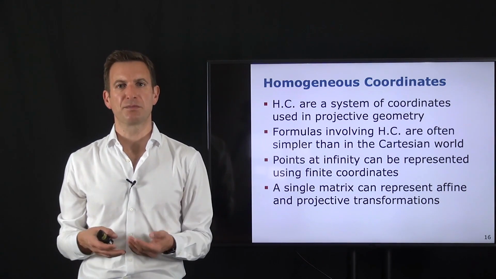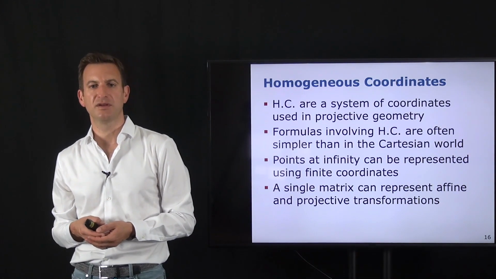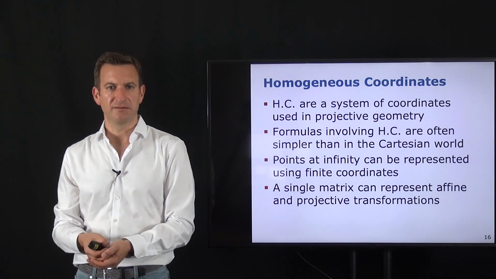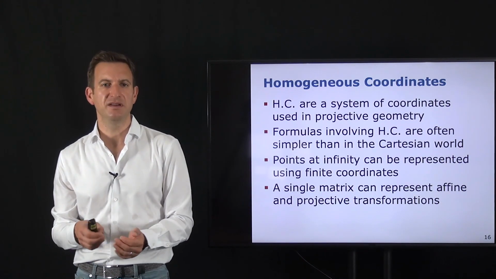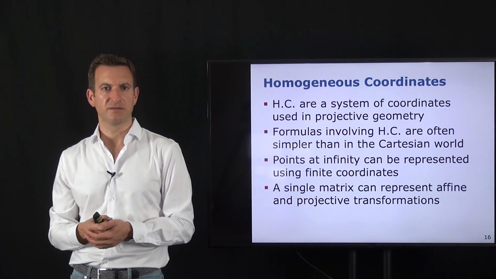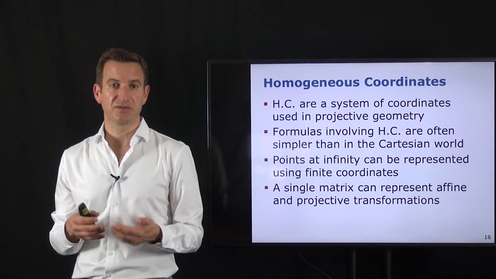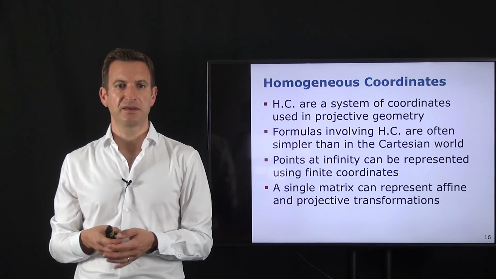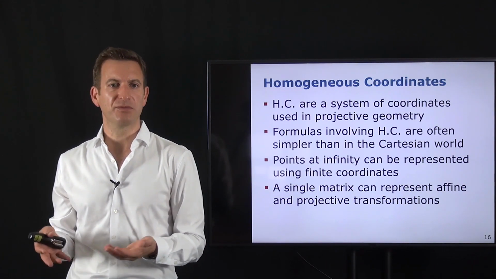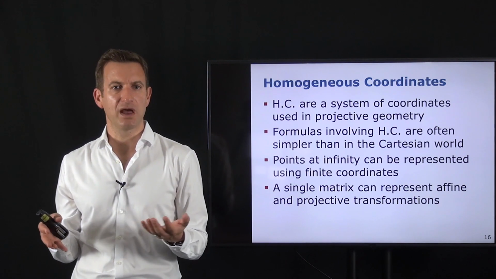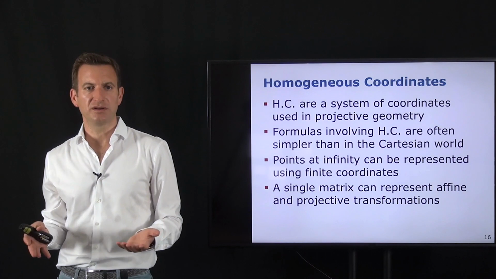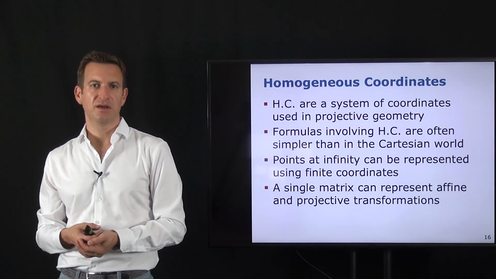And there are two important properties that we will especially exploit in here. The first thing is that they can elegantly represent points which are infinitely far away without using infinity as a number. So we can use finite numbers and still represent points which are infinitely far away. And that's something which becomes very attractive, as we will see. And the second thing is it's also a very good tool, and therefore it's also used outside problems where projections play a role. So even if you have a state estimation problem, for example, where projections are not involved, homogeneous coordinates can be used very elegantly.